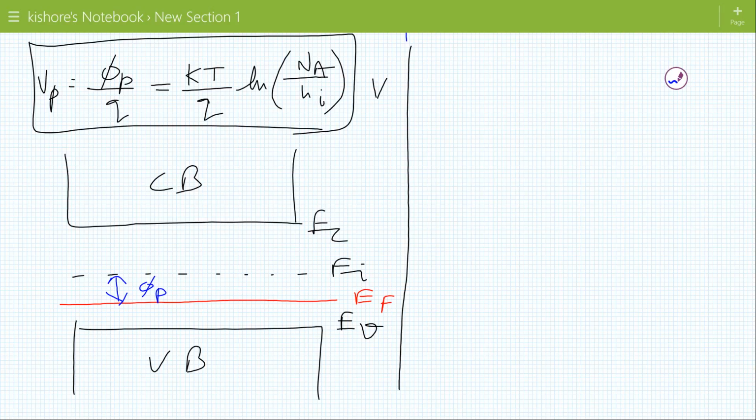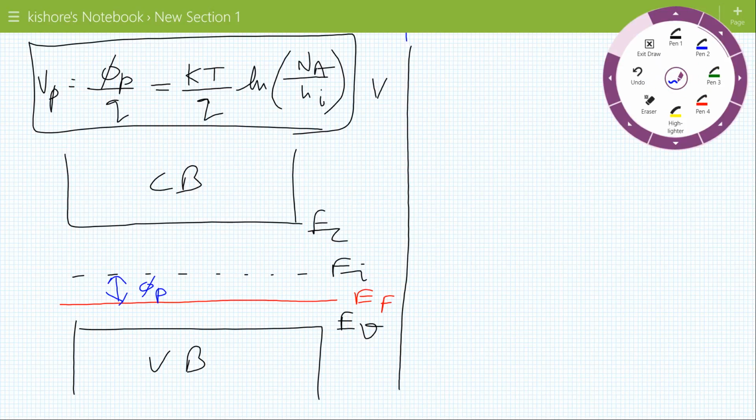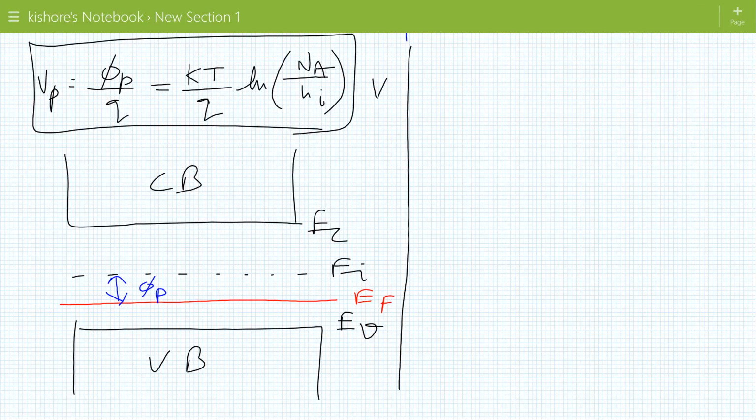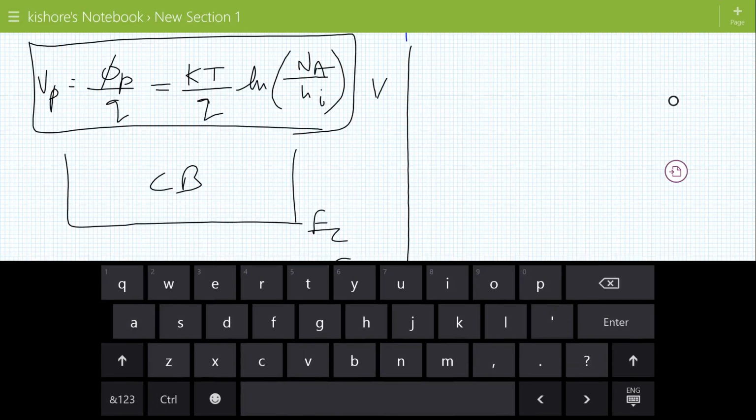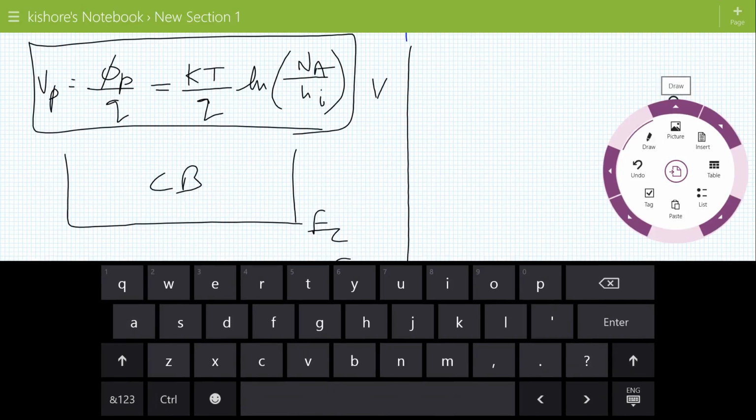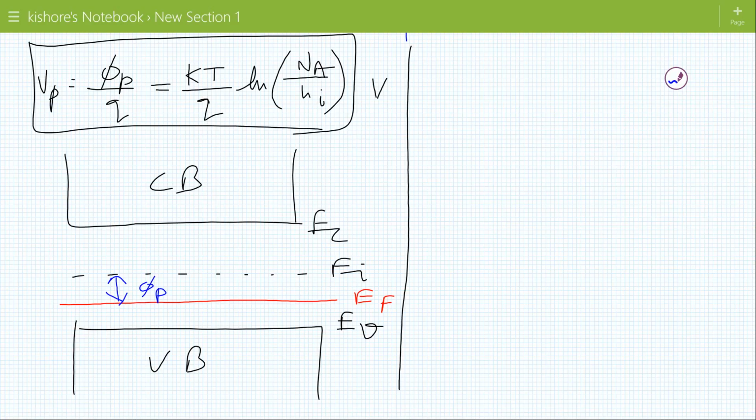Now we can draw the energy band diagram for PN junction, and with the help of electrostatic potential of N-type semiconductor and P-type semiconductor, we can derive the expression for barrier potential for PN junction.